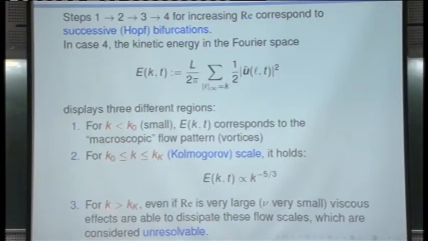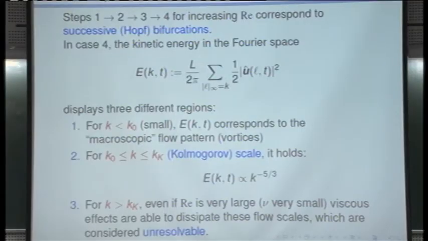For very large wave numbers, which means very small length scales, even if viscosity is small, it is acting. That viscosity is acting, and it's a sort of friction. And you know that the effect it has is to decrease energy, so to make things slow down until they stop, right?